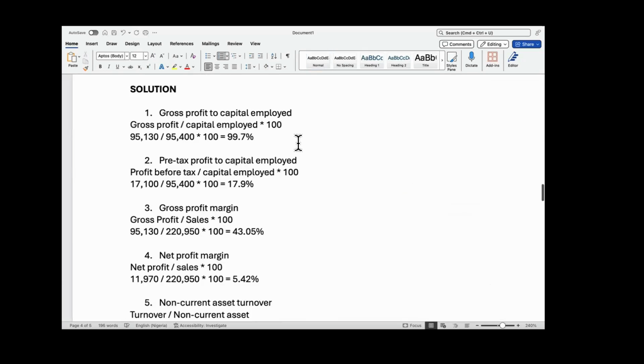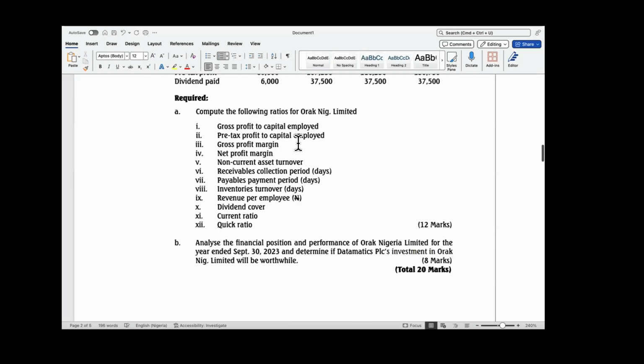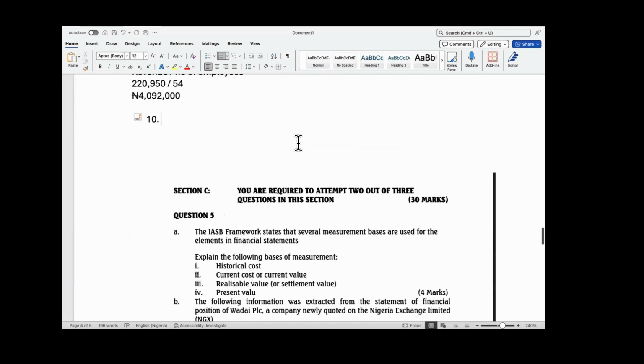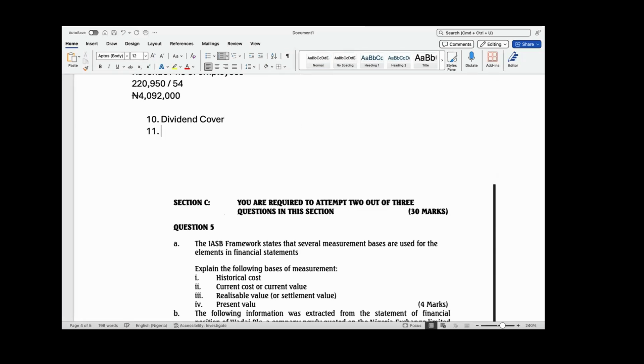So number 10, we are looking at dividend cover. Dividend cover will simply be profit for the year divided by dividend paid.